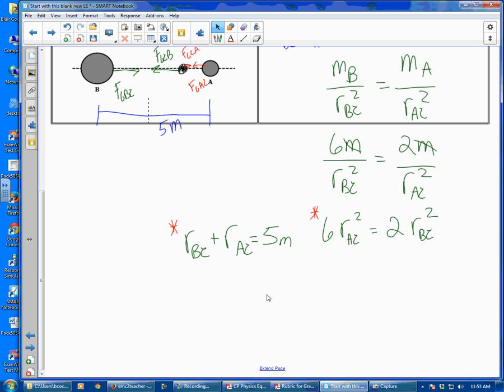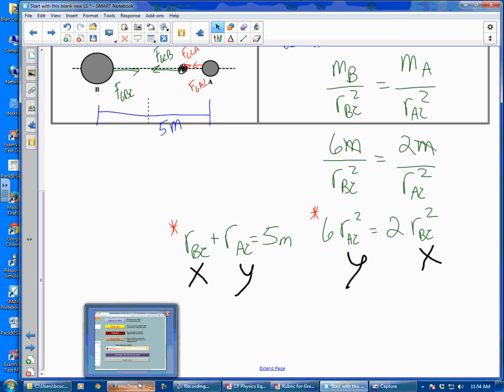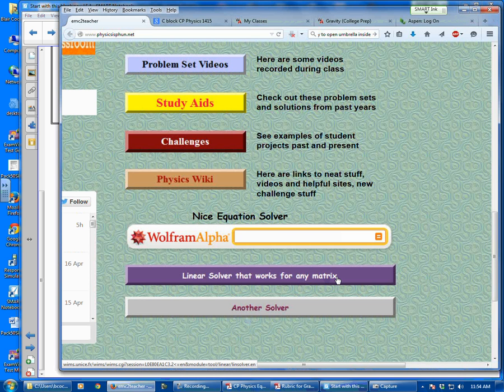So this will be a y here, and this will be an x here: 6y squared equals 2x squared. Okay, so I'm going to put x plus y equals 5, my first equation.